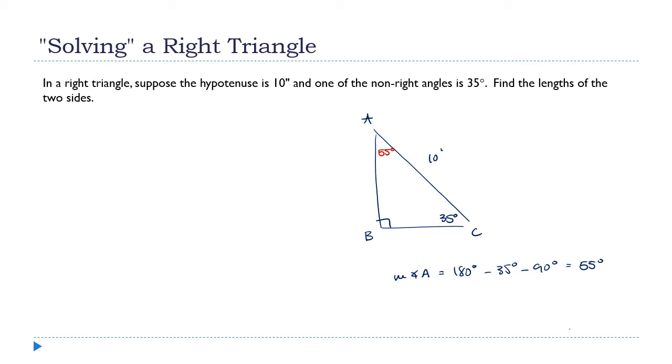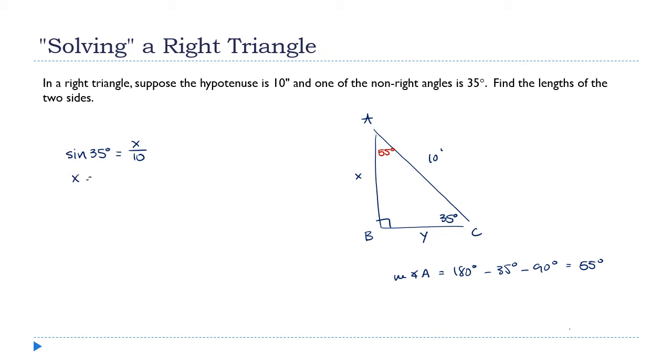To do that, I'm going to use our trigonometry ratios. So let me give some variables here. Let me call this one x and this one y. It's basically pick the ratio you want to use. I'm going to say the sine of 35 degrees equals, that's opposite over hypotenuse, so that's x over 10.